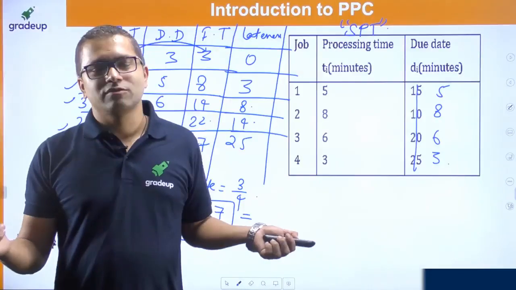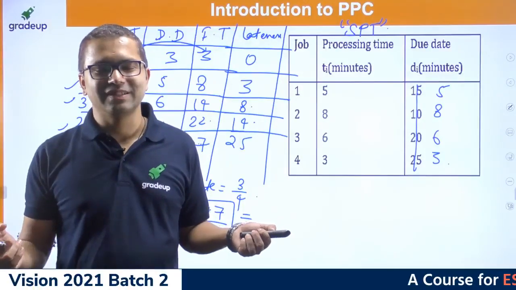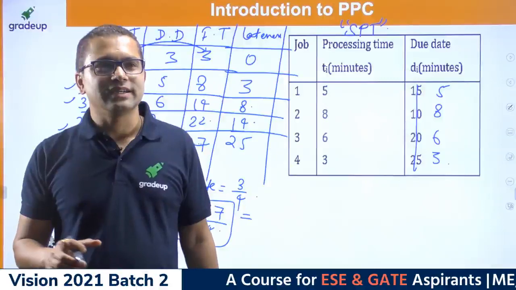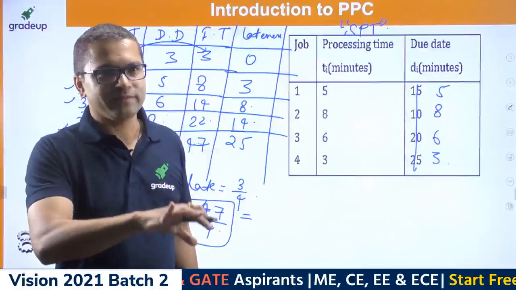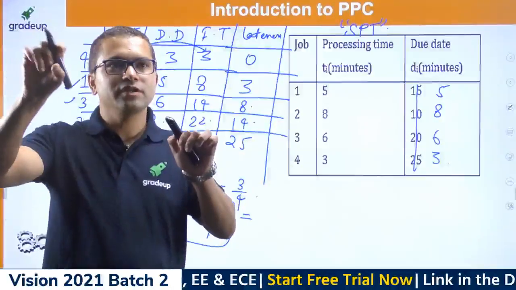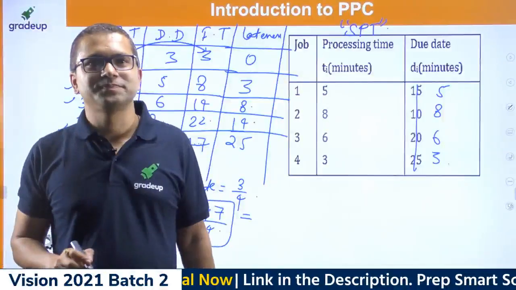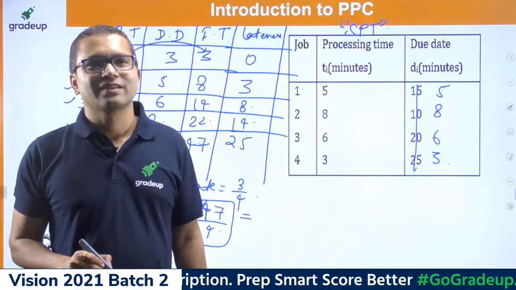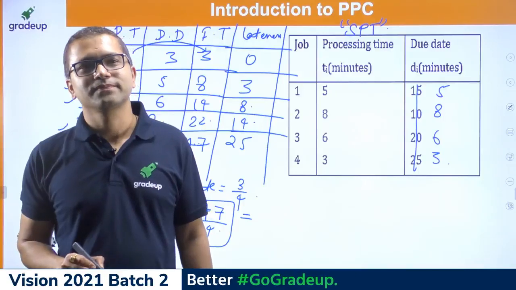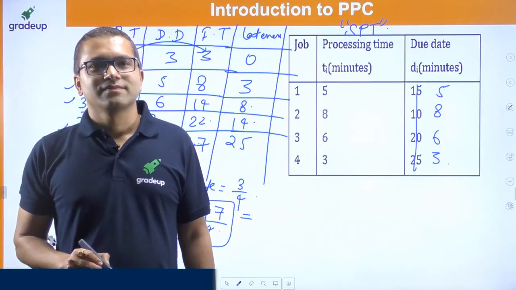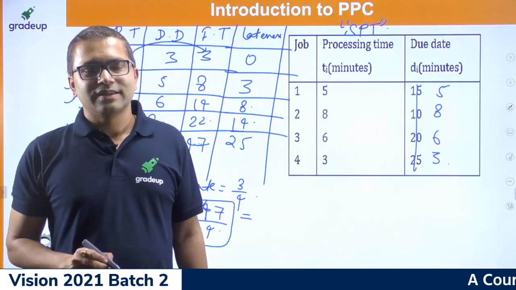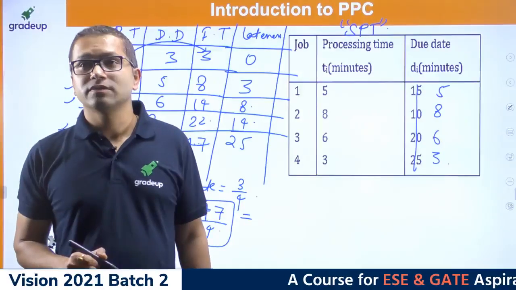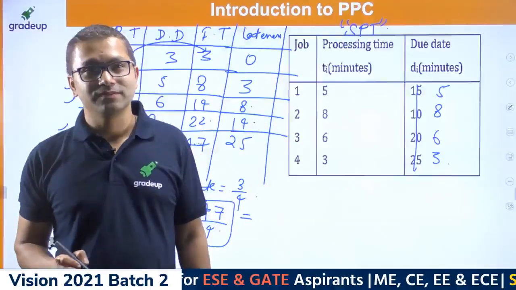Even flow time will give you that. So a lesser flow time will give you more inventory or lesser inventory?